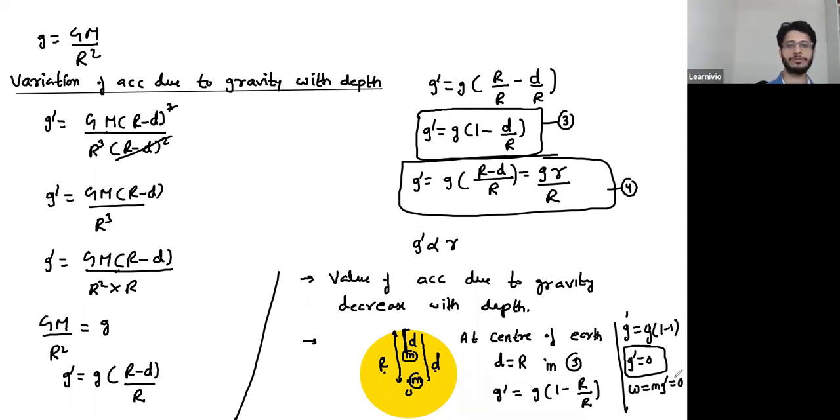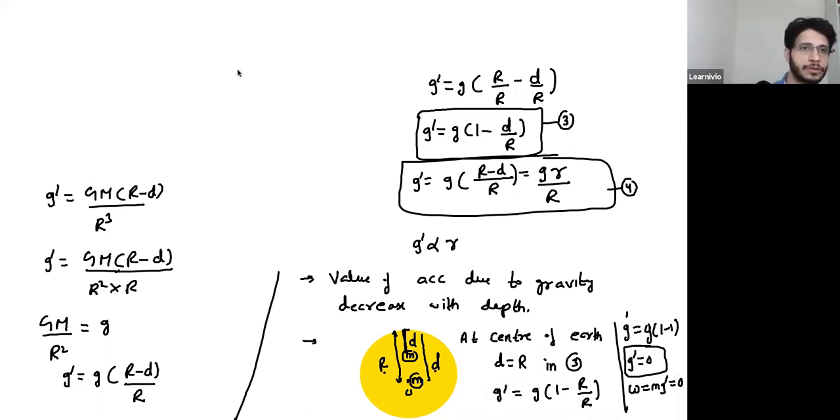Okay, just note it down. So this is how your acceleration due to gravity varies with depth. So always remember this statement: at the center of Earth, weight of body is 0.